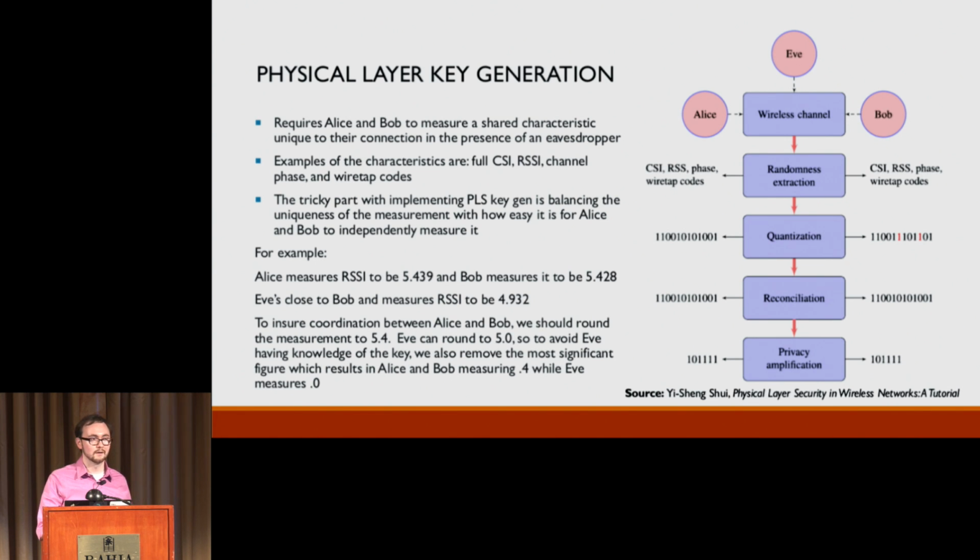Another issue is you have to play a bit of a filtering game to make sure that you account for inaccuracies between the measurements at your intended transmitter and receiver, but you also account for overlap that the eavesdropper might be able to get.